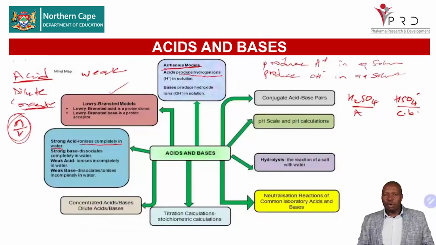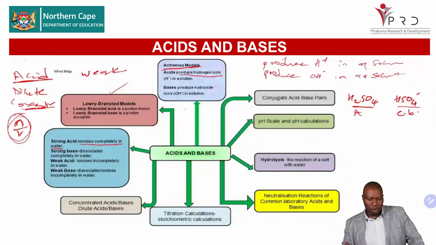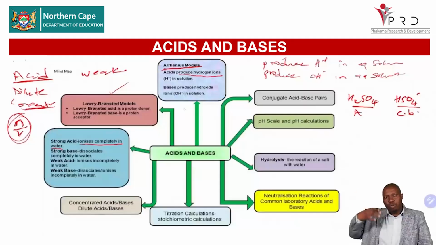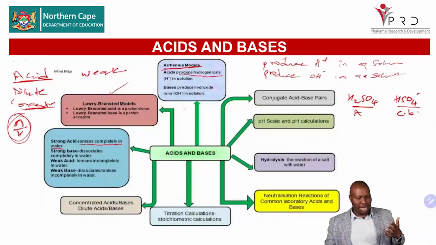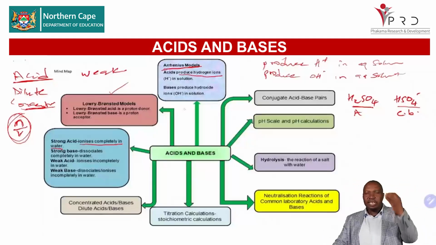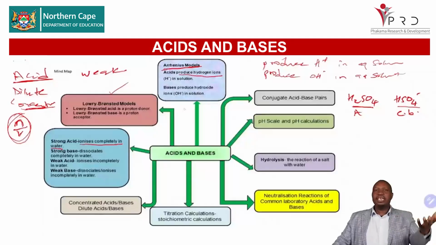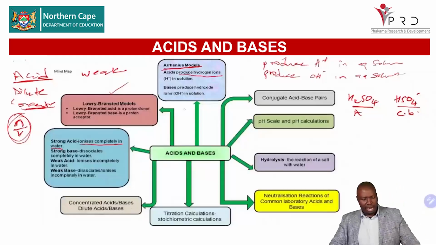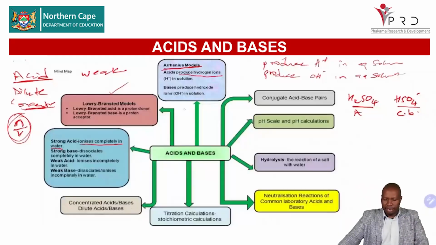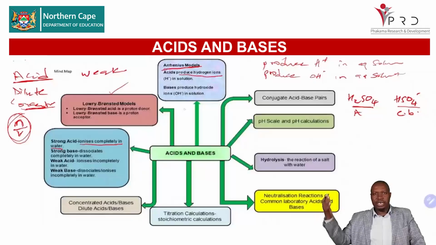But dilute means we have more water, so you have fewer moles of a substance in proportion to the volume of water. That is dilute, when you have more water than the substance itself. When we have more moles of a substance in proportion to the volume of water, it is concentrated. A strong acid can be concentrated, and it can be diluted. Concentrated depends on how little water it has, and when it has more water, it's diluted.